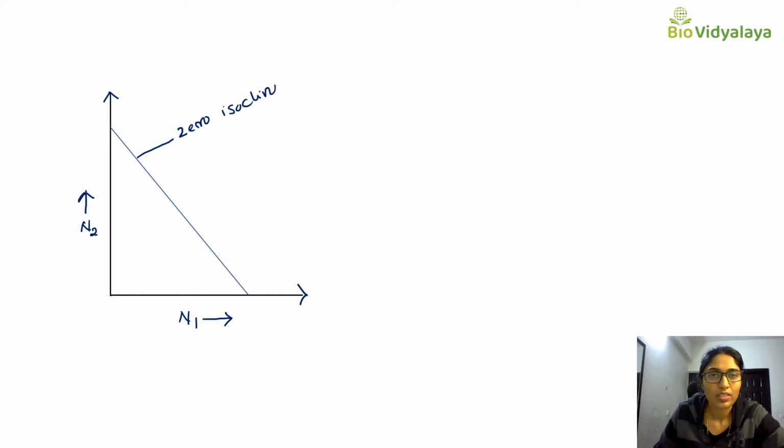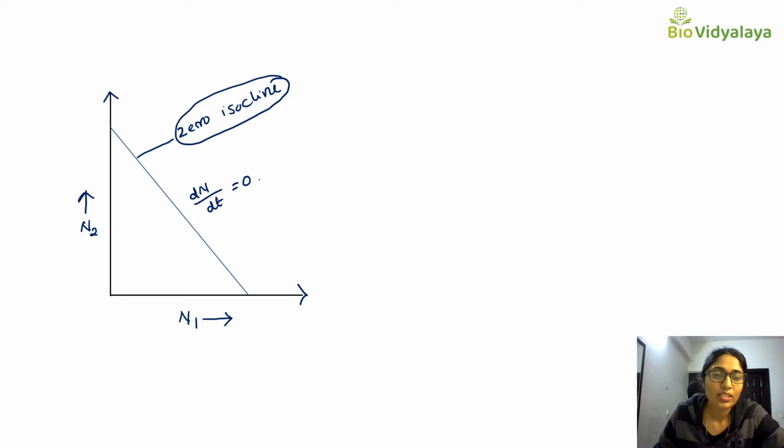Along this zero isocline, the population size does not change. That means dN by dt is equal to 0. That's why this straight line is known as the zero isocline.